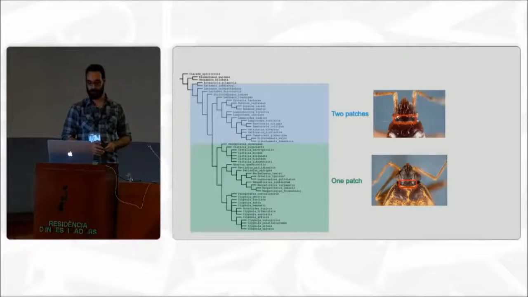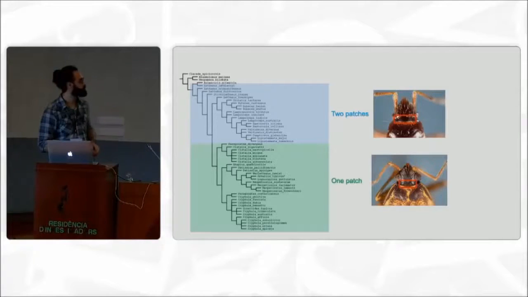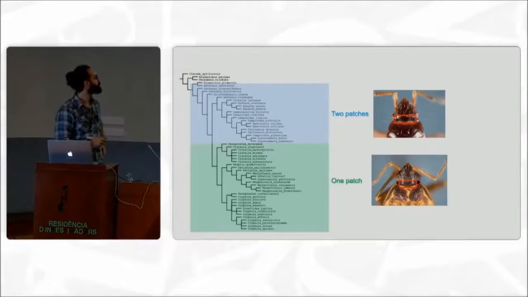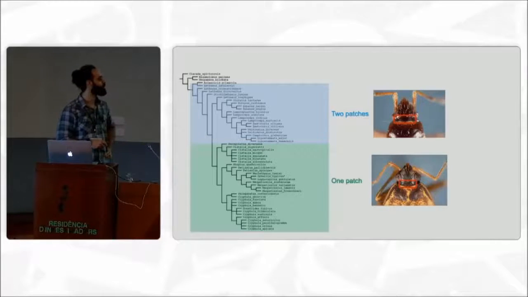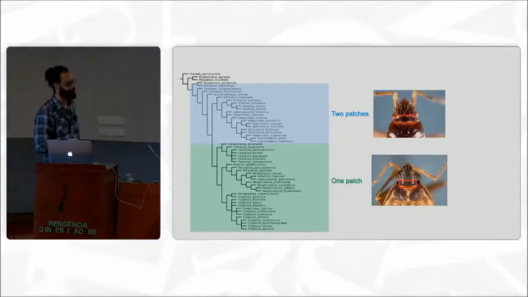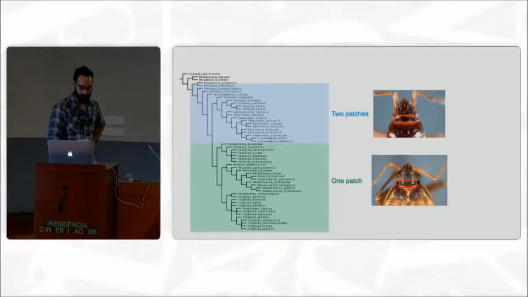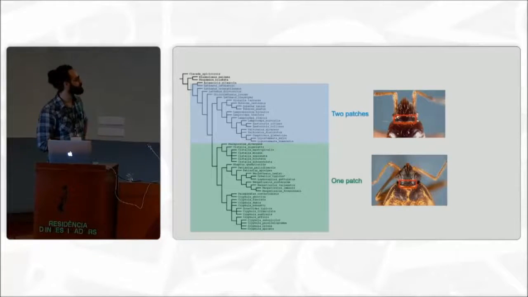So this tree shows us that all this clade has 2 patches, and this clade here has one patch. We were expecting the 1 patch to be plesiomorphic.